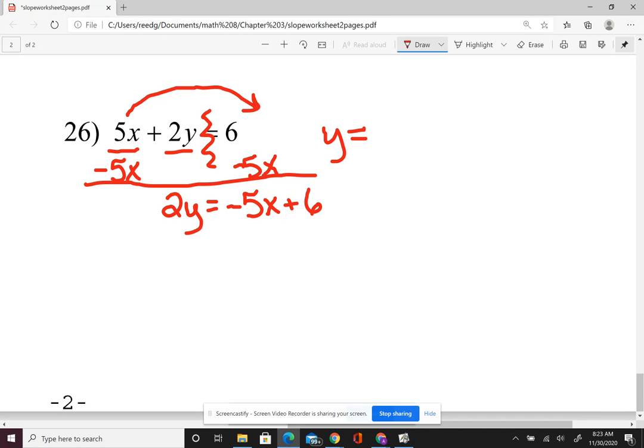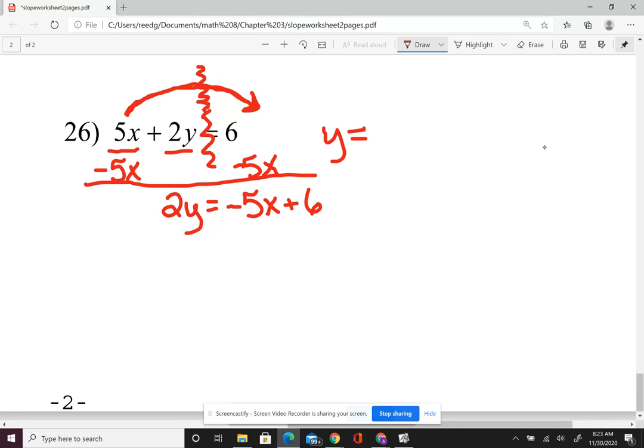That's the process that we're doing. When I draw this arrow from here over, what I'm saying is I want to take that 5x and put it on the other side of the equation. When I cross this squiggly line to go to the other side, it changes the sign from 5x to negative 5x.